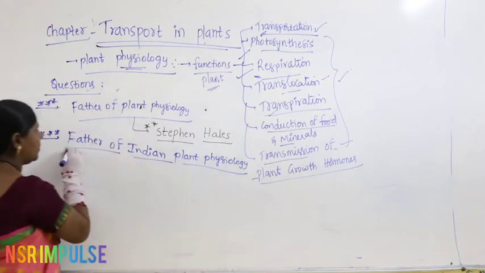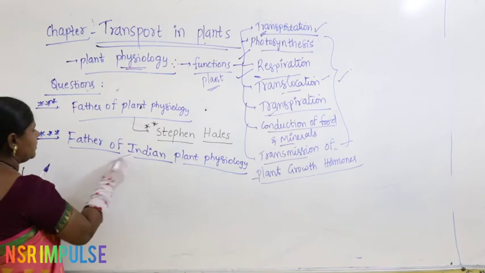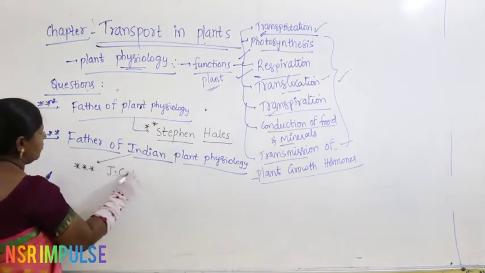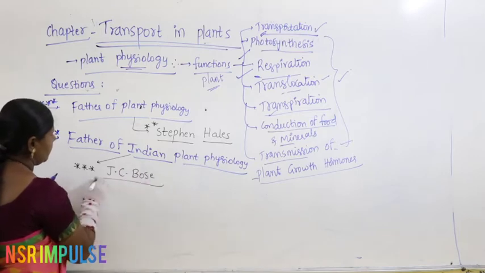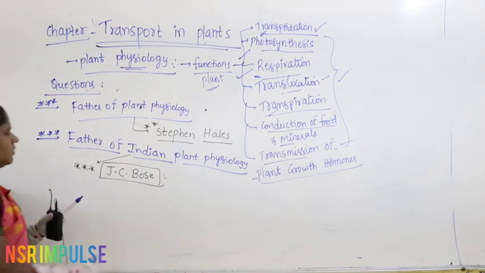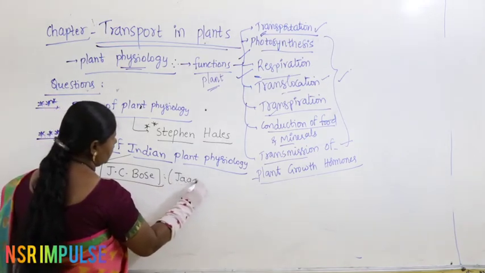Then you have to remember who is the father of Indian plant physiology. Remember very importantly, JC Bose. Very important. Who is JC Bose? You know, we call Jagadish Chandra Bose.